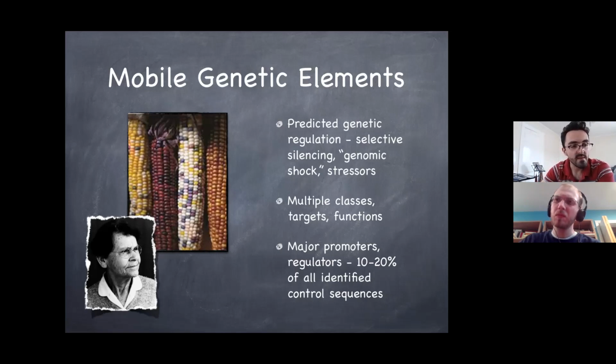So it makes sense that when a cell, for example, is stressed, including nutritional deprivation, there are other things which will increase the activity of these transposable elements. There are certain kinds of intracellular signaling molecules which will also increase their activity.